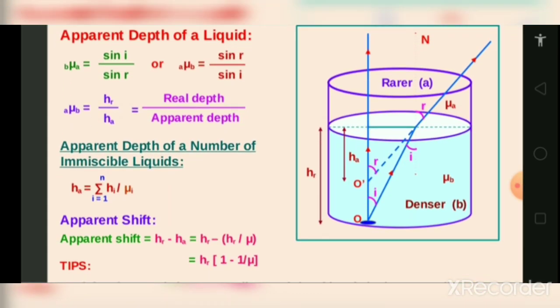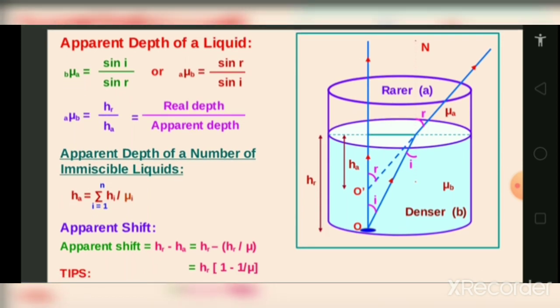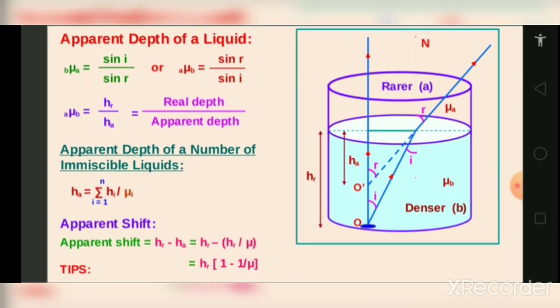Now see, apparent depth of a liquid. You can see on the screen that light is actually traveling in a straight line. Then if you see from the top, it should be seen at point O, but you will see it at O dash, or vice versa, depending on your supposition.